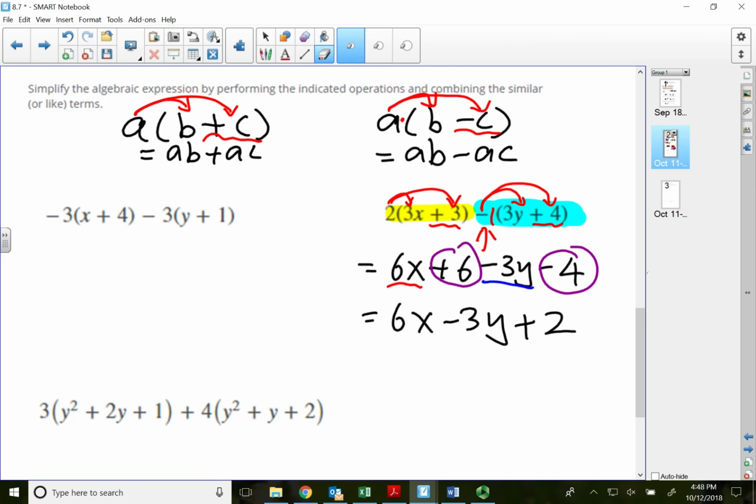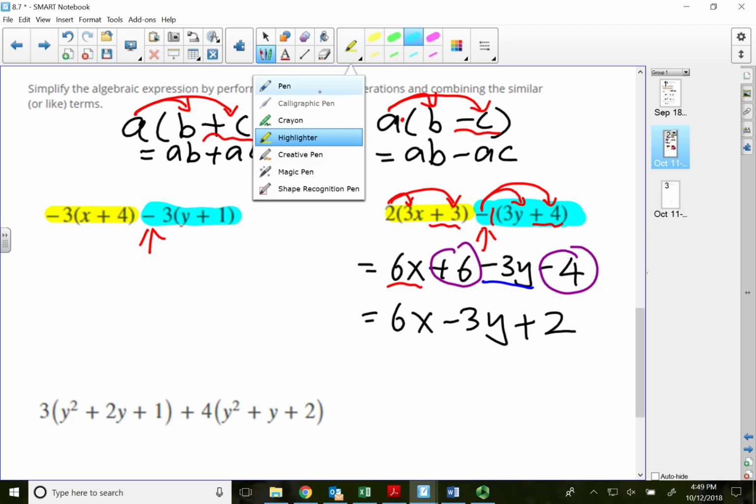All right, so now this one on the left. Now you see a subtraction sign outside the parenthesis separating two terms. My first term is negative 3 times x plus 4, my second term is behind the subtraction sign. Now my second term actually has a number in front of the parentheses. It's not a 1, because it literally says a 3 right here.